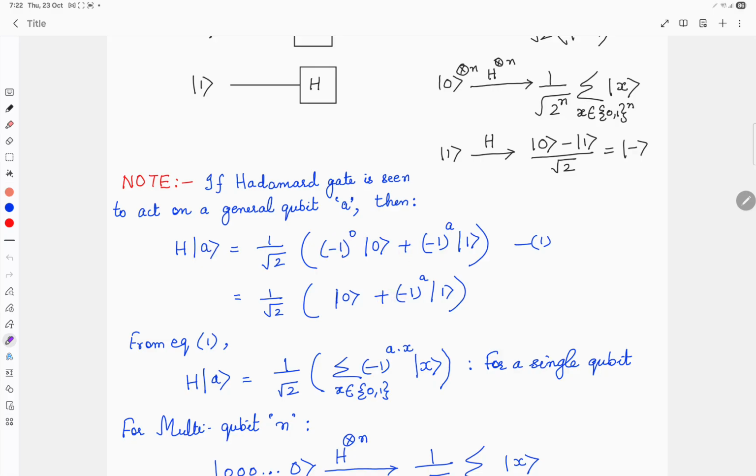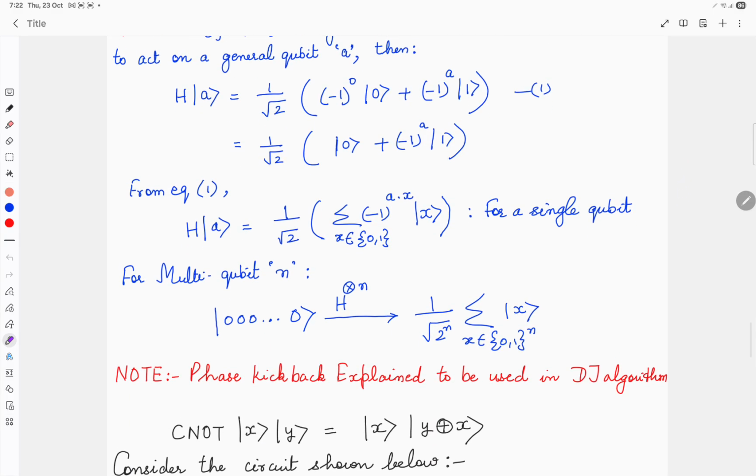If it is 1, you will get minus here. And for a single qubit, it can be generalized to this expression. So there are 2 cases, but we can generalize it to this expression. Now for a multi-qubit, that means our n qubit zeros, when we apply the Hadamard gate, we'll get this value.